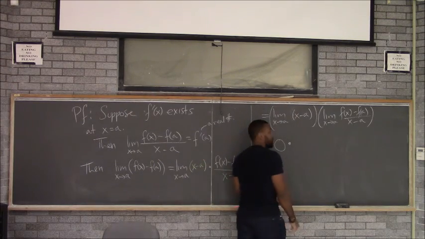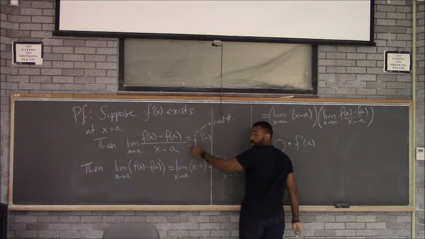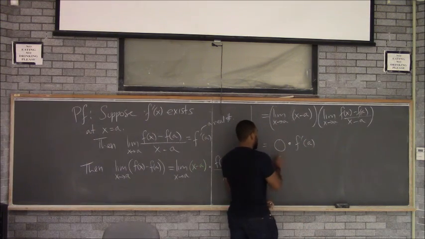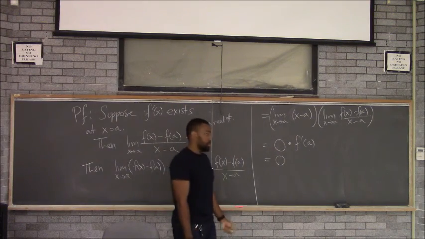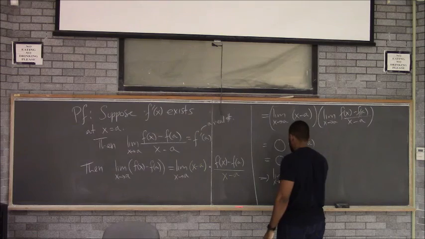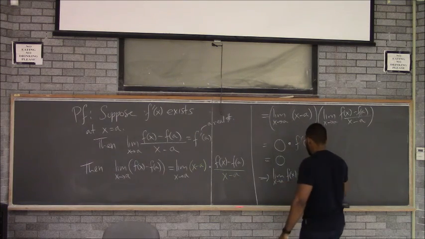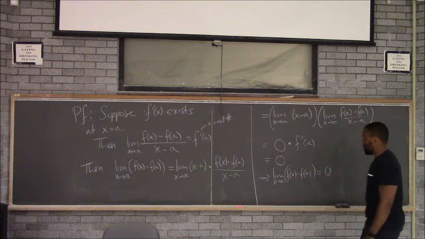F prime. Right? We're assuming this exists. So in other words, I get 0. So what that means is that the limit as x approaches a of f of x minus f of a is 0.